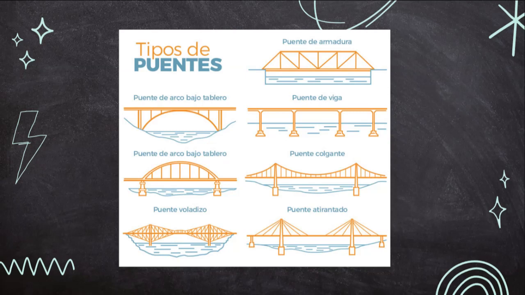But as you can see, the shape of the bridge changes depending on the shape of the river. For example, in the first image, we can see a river with a curve.